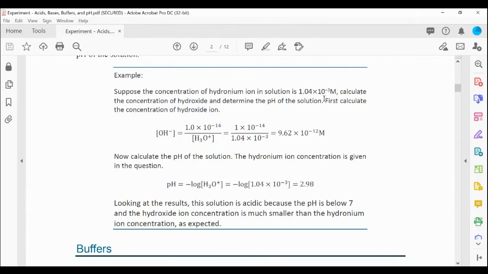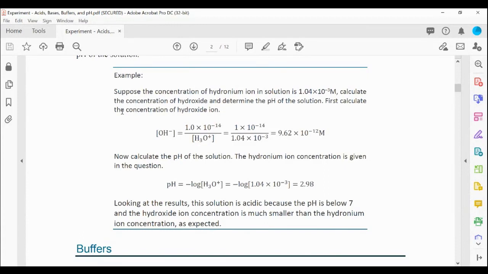So they are giving us the concentration of the, no, sorry, the hydronium, the H3O plus. And they are asking us to calculate the concentration of hydroxide and determine the pH of the solution.